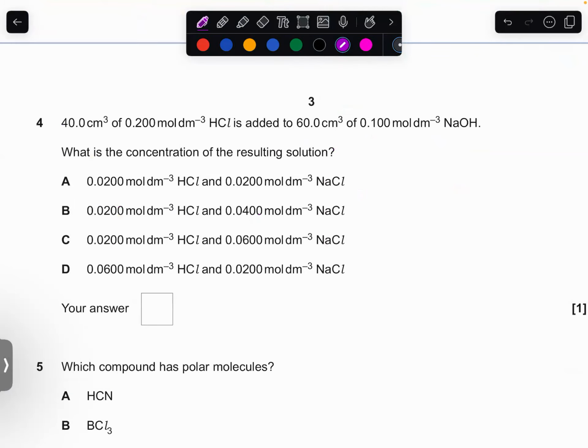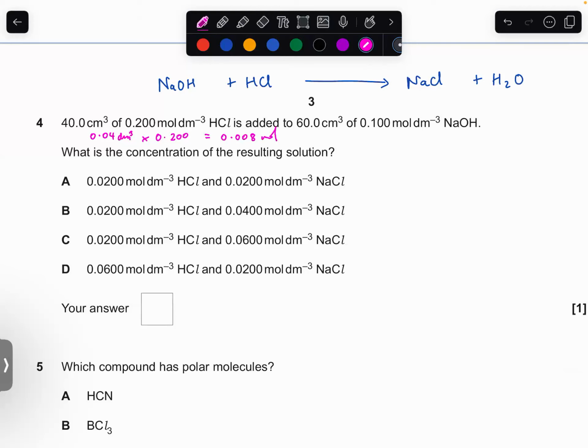Here, it's asking, you're adding two solutions, HCl and NaOH, and these react in a 1-to-1 ratio. So what we'll do is work out the moles of each. 0.04 dm cubed multiplied by 0.200 is equal to 0.008 moles.